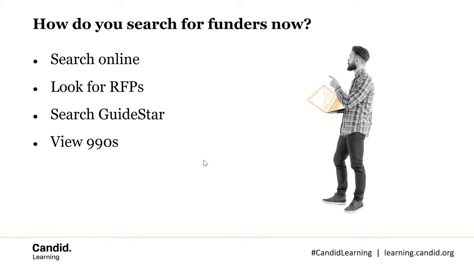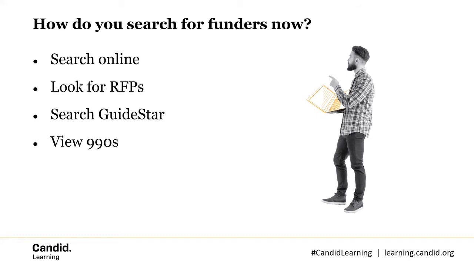Getting back to candid.org, when you are on candid.org, please click on Candid at a Glance and look at Philanthropy News Digest. Philanthropy News Digest is our news service where we summarize articles in philanthropy.